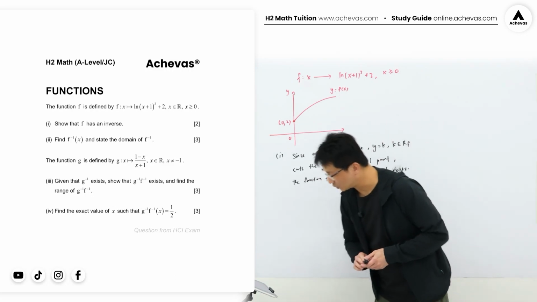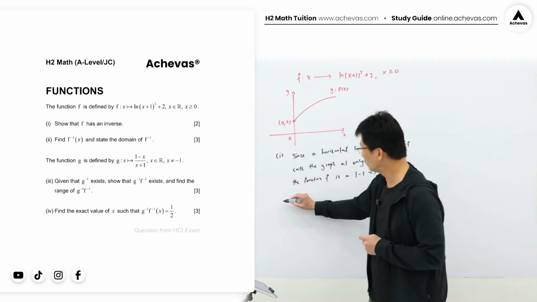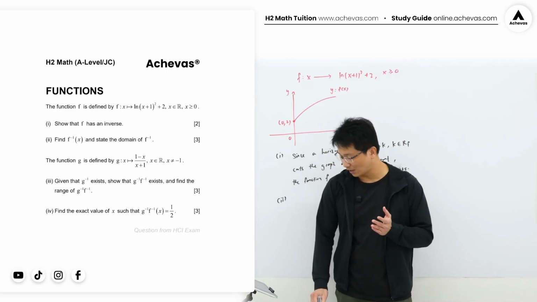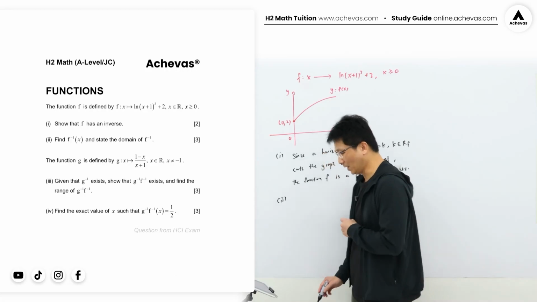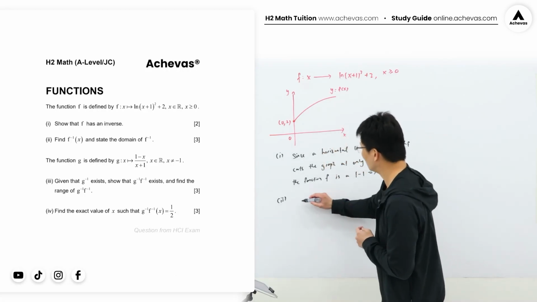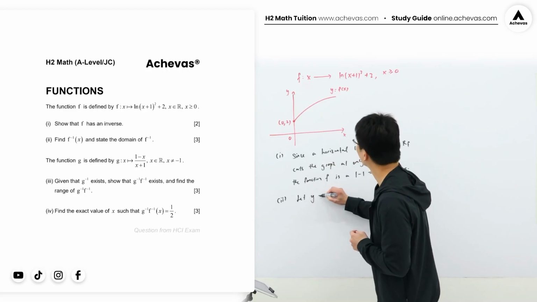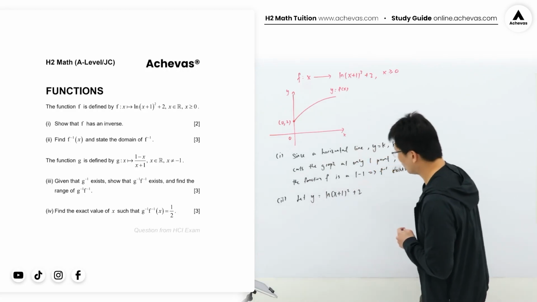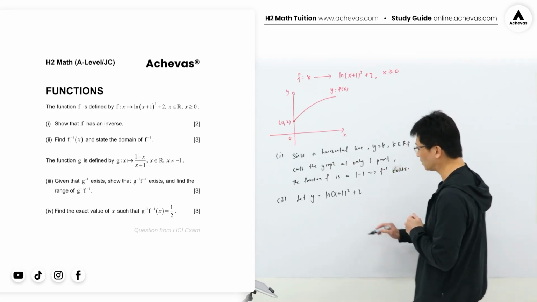This will be the first part of this question, and part 2 requires us to find the expression for my inverse function and also state the domain of it. So for the inverse function, we're going to let y be equal to ln((x plus 1) squared) plus 2. We are just going to express x in terms of y.